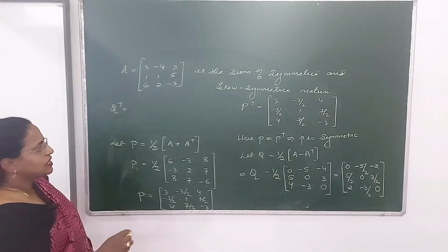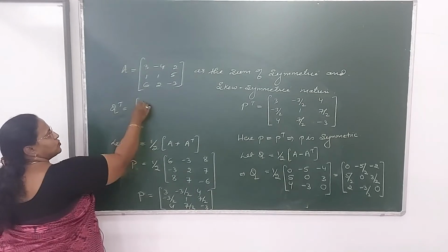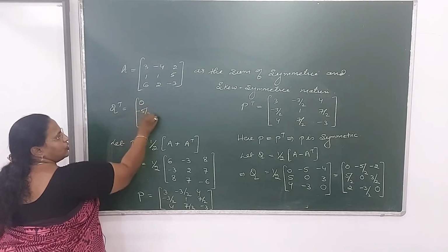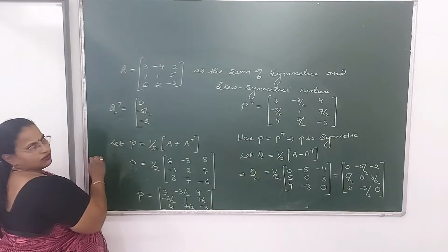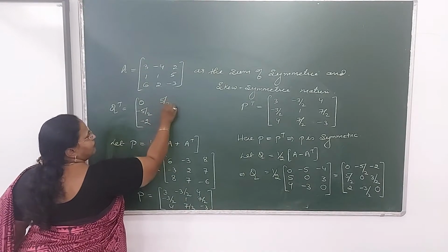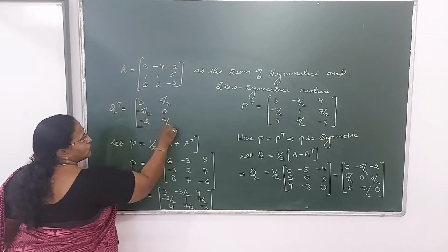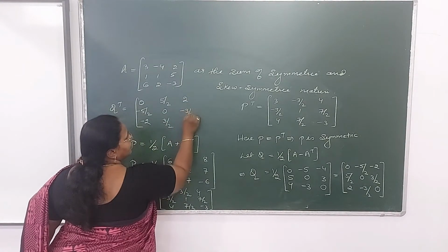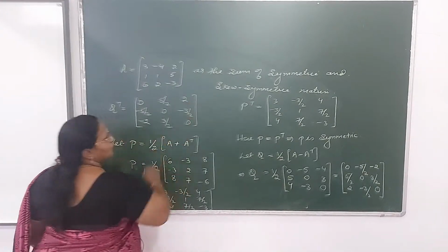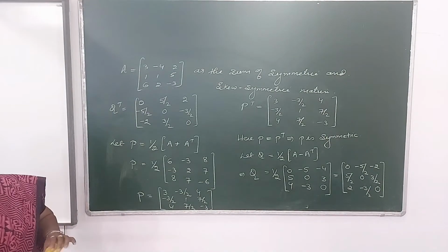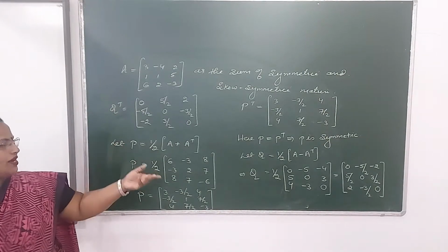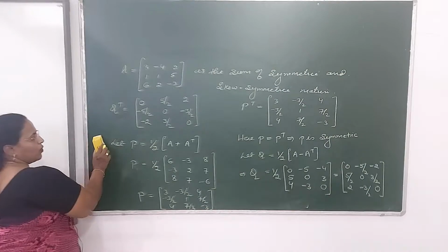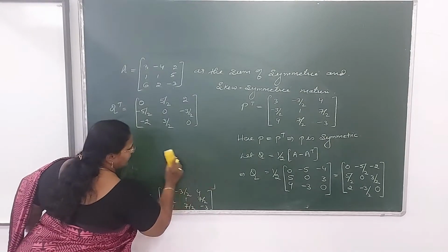So what is Q transpose? Q transpose is 0, minus 5 by 2, minus 2. Second column will be 5 by 2, 0, 3 by 2. Third column will be 2, minus 3 by 2, 0. So this is what you will be getting Q transpose as. Now check Q and Q transpose. What is the condition here?